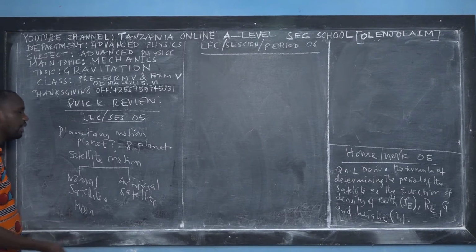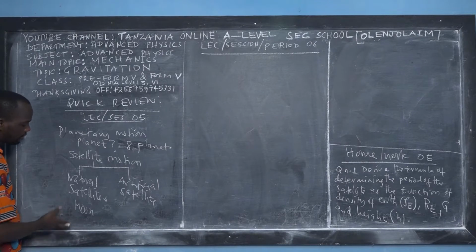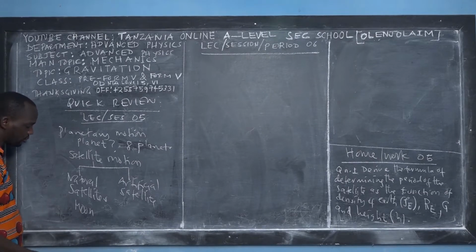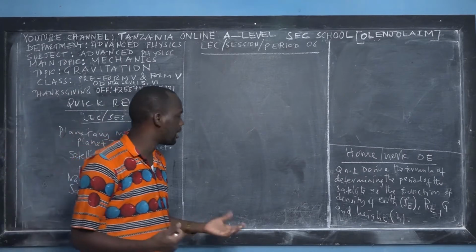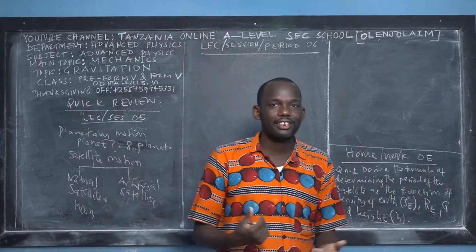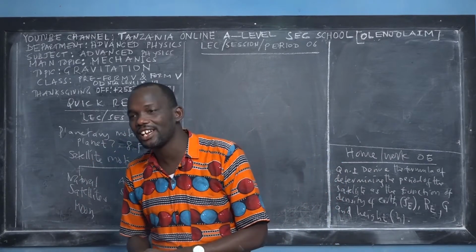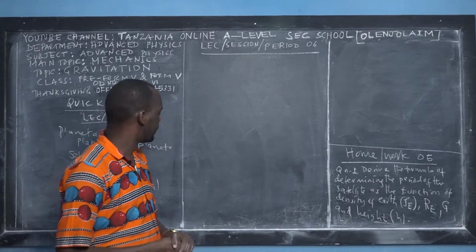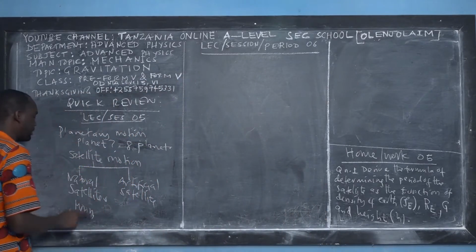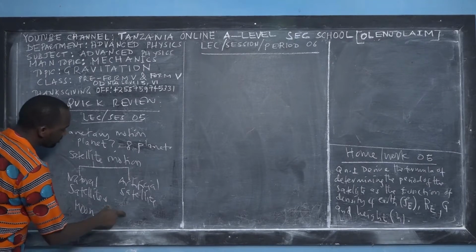The moon is one example of natural satellites. Some other planets such as Mars also have a number of natural satellites. Jupiter, the largest planet, has 16 natural satellites. So we defined what natural satellites mean and also what artificial satellites mean.